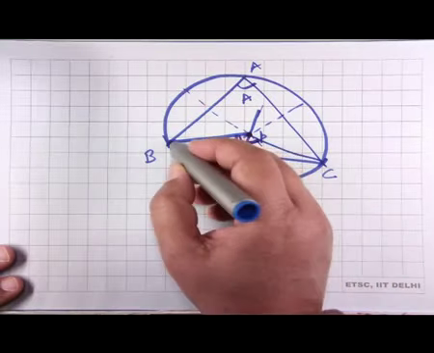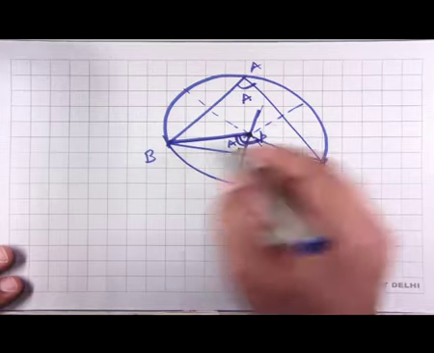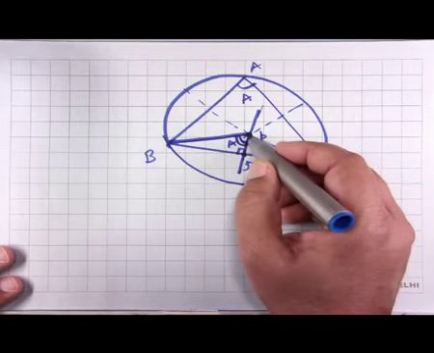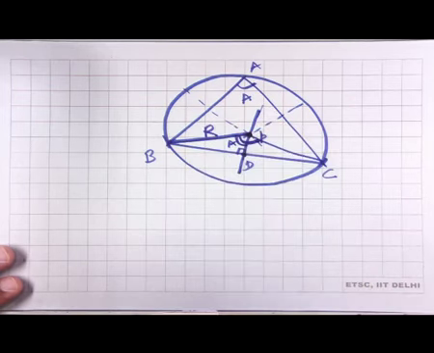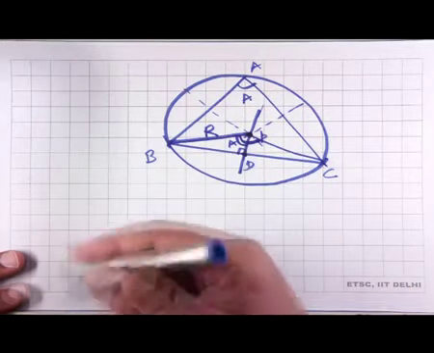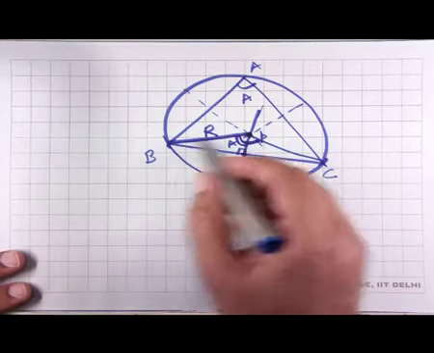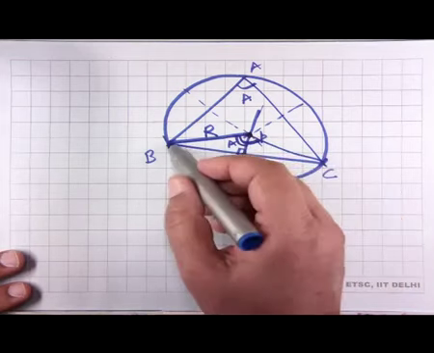And of course, this distance between the vertex B and the circumcenter P is the circumradius, which we denote with R. Then we just have to look at this right angle triangle PDB.